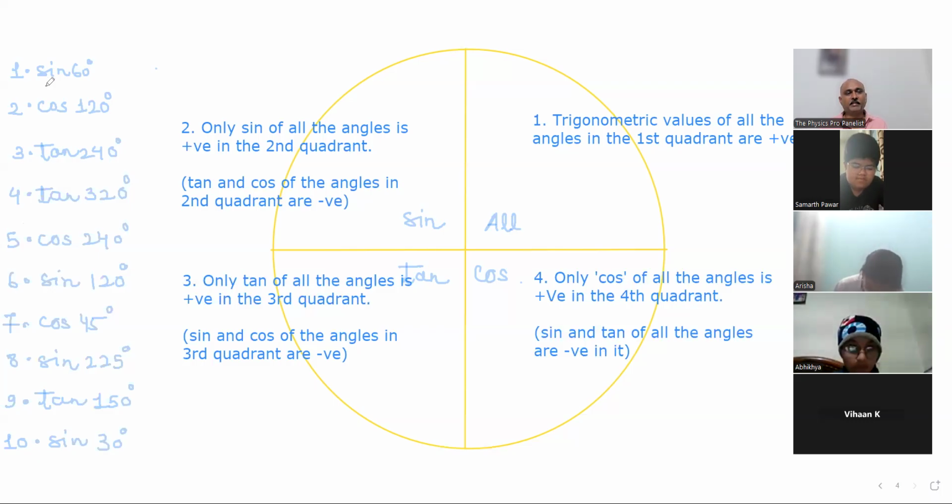Just mention against the serial numbers the plus and minus sign like this. I am just showing one of them to you. Sine 60 degrees. All of you, please pay attention.